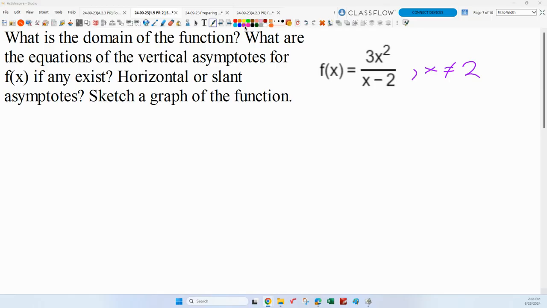Vertical asymptote, because 2 is a unique zero of the denominator. So we get a vertical asymptote at x equals 2. Do we get a horizontal asymptote? No. How come? Degree is higher. The top has a higher degree than the bottom.